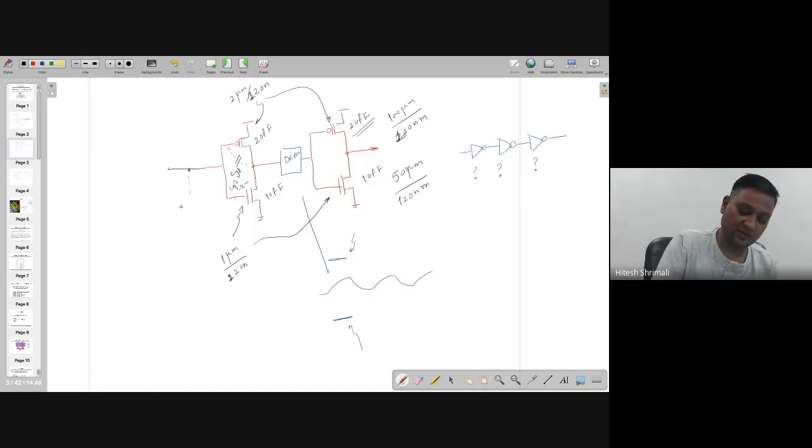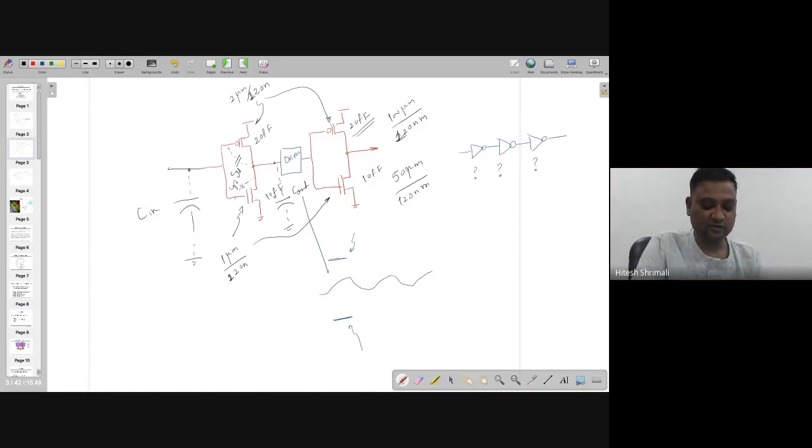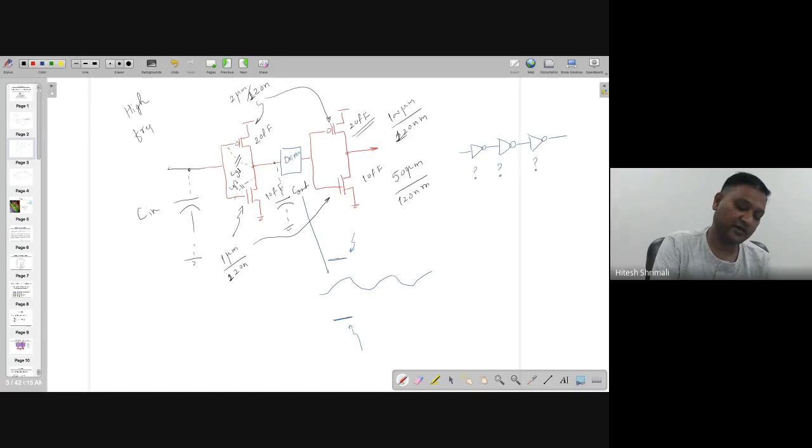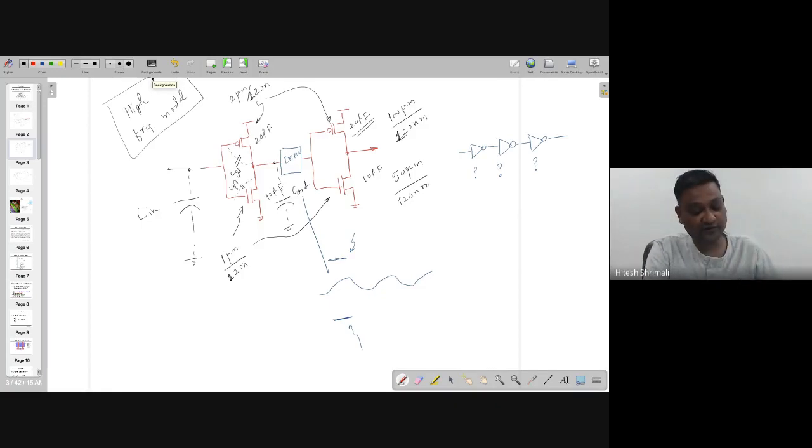So considering all together, let's call this one C in and this one C out. Both of them are parasitics, so they are hidden, not visible, but you need to consider them in the high frequency model. This is the reverse of what you do in analog, where you make the low frequency model.